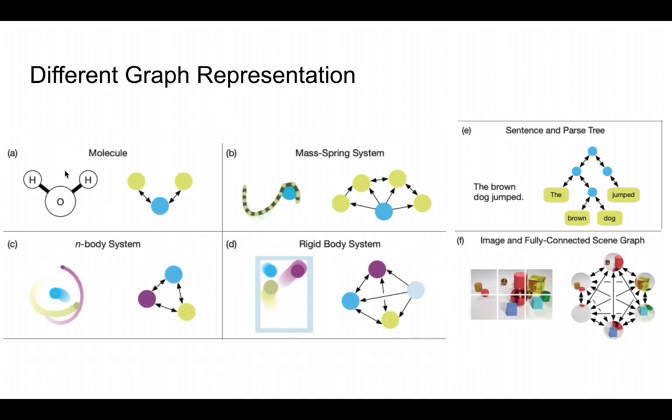For example, a molecule is composed of atoms. H2O is an oxygen connected to two hydrogens. You can represent H2O with two hydrogen nodes and one oxygen node.